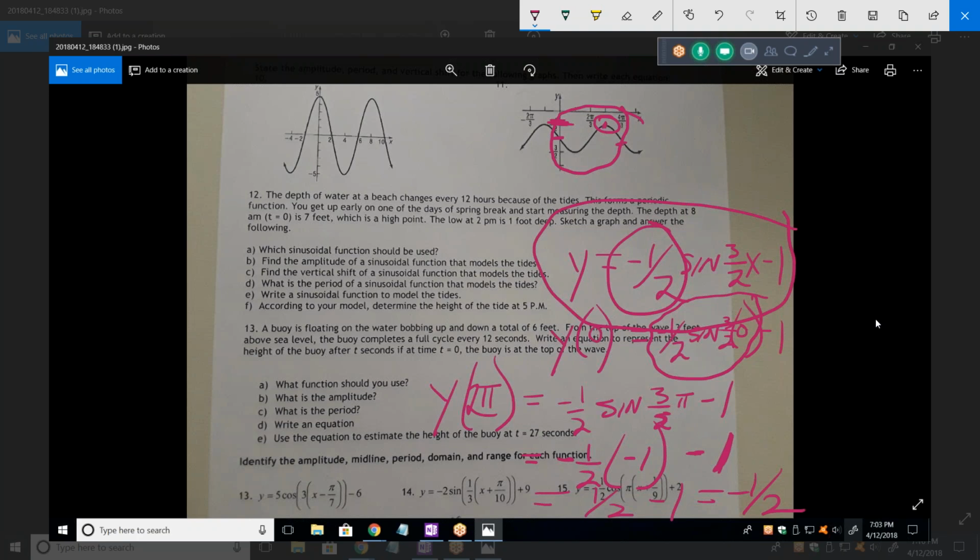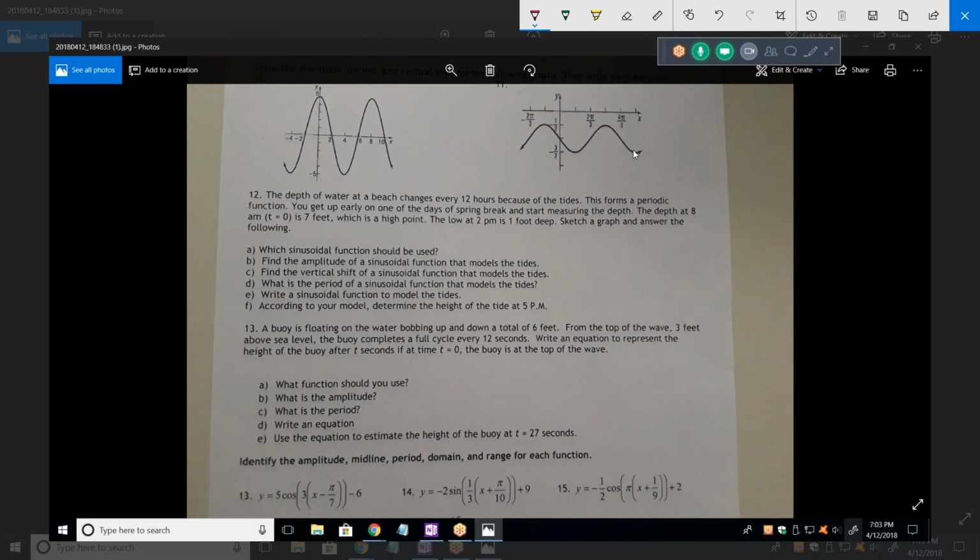Okay. Let me test you. Tell me what these are. What kind of curve is that? Cosine.